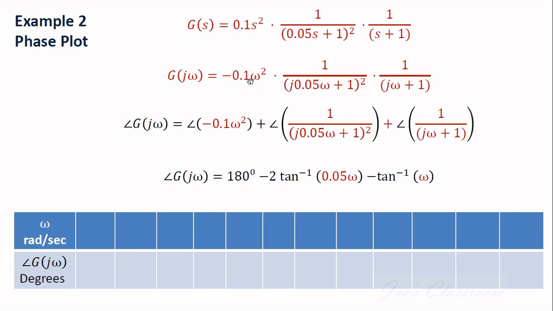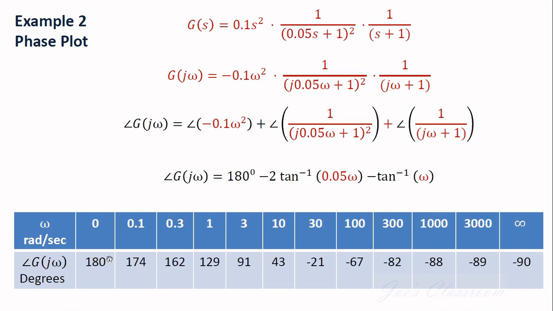It is appearing in the numerator, and therefore you get 2 times 90 degrees, 180 degrees. Fine. Once this expression is ready, as we did before, you can calculate the angles for different values of frequency omega. Again, as I said, you have to start from 0 and end at infinity.